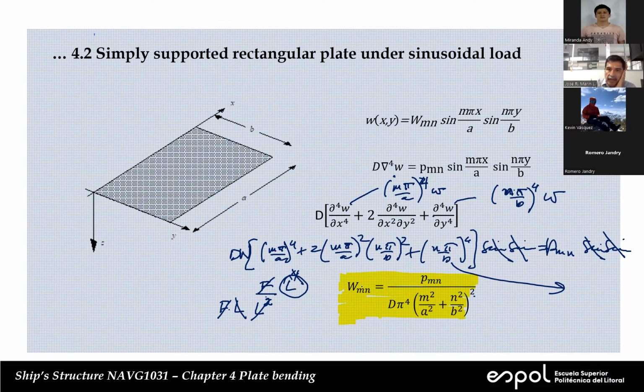Then we replace it into the differential equation, eliminate sine from both sides, and we get an expression for wmn which satisfies the equilibrium. So wmn sine m pi x over a sine n pi y over b is a complete and exact solution of this case. And all we need to be careful with is that m and n have to be integers. That's all.